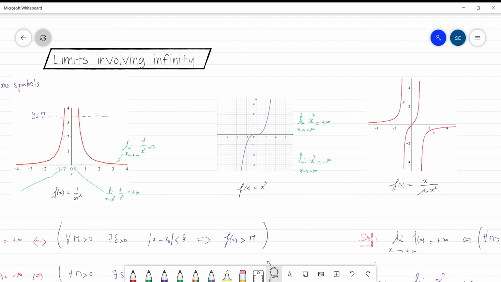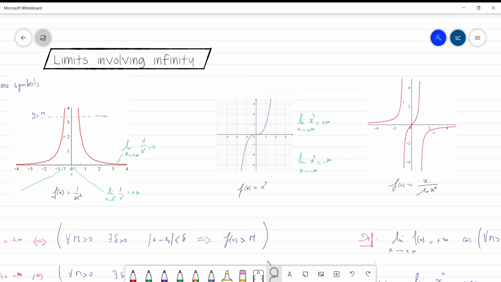We want to control what is happening very far at infinity. When I describe that my curve is very close to such a line, this line is important. And this one also, when I say that y takes very large values but remains close to the line x equals 0, this line becomes important. These kinds of lines are called asymptotes.